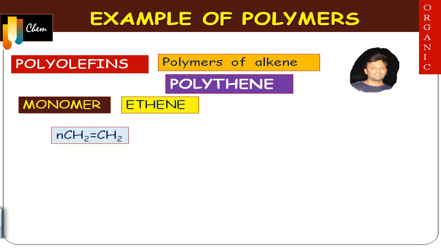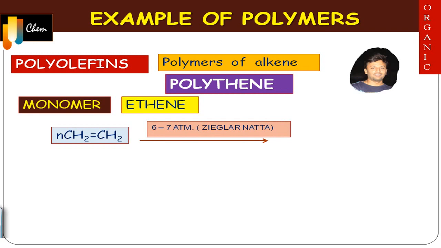The reaction can be represented as n molecules of ethene in presence of a catalyst, generally Ziegler-Natta catalyst. The monomer is ethene, hence the polymer is polythene.